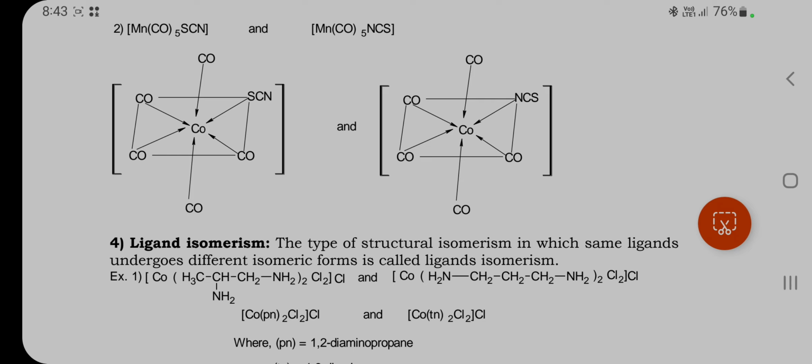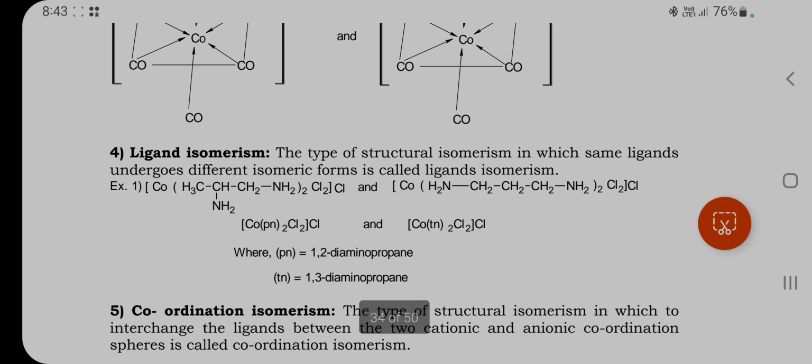Therefore, the same ligand is linked through two different atoms to the central metal atom or ion. The next type of isomerism is ligand isomerism. This is also a type of structural isomerism, where the same ligands exist in different isomeric forms, which is called ligand isomerism.